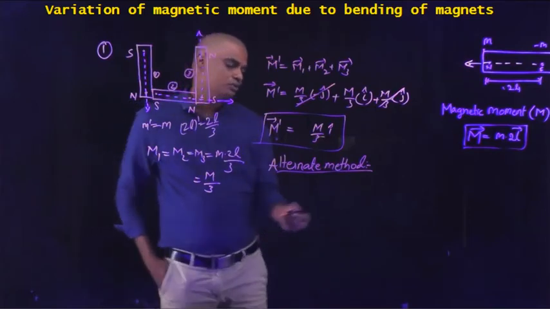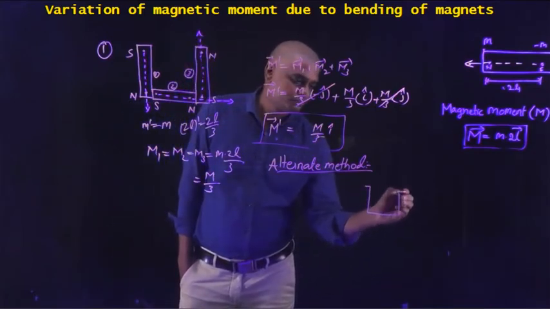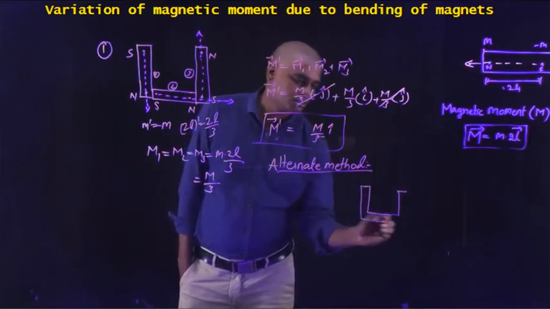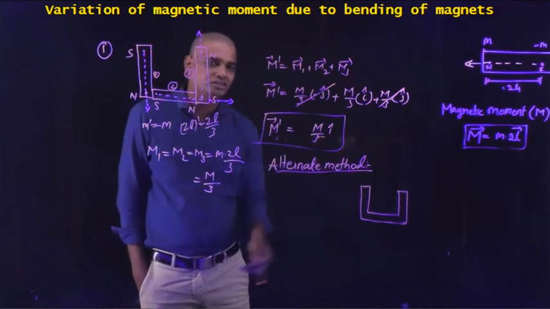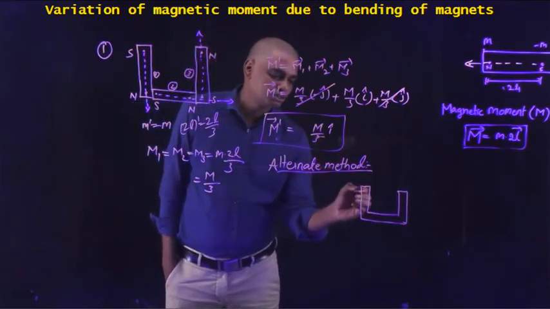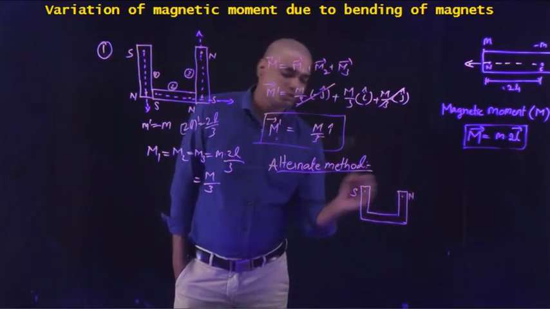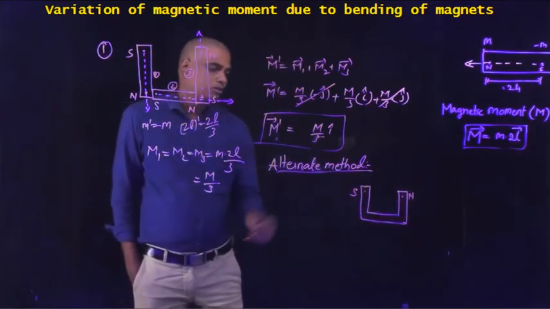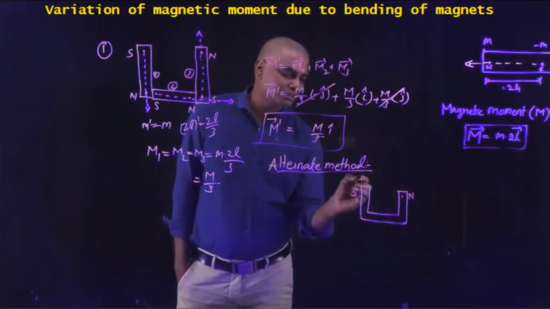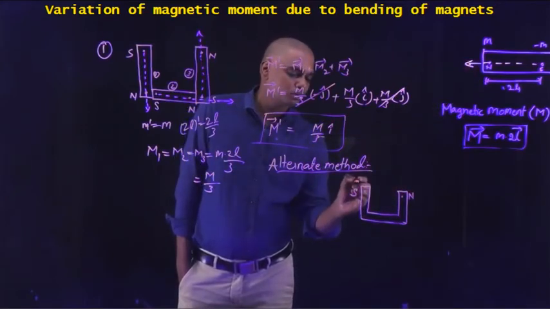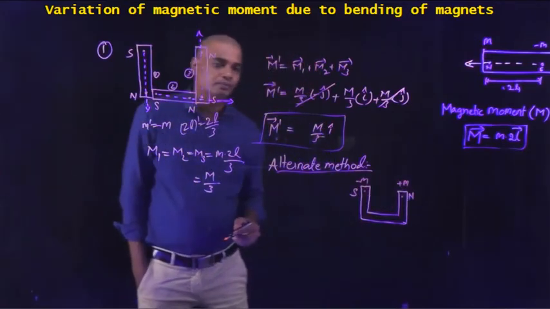In the case of the U shape, we consider the bar magnet bent in the form of a U, which has three equal segments, with one end as the south pole and the other end as the north pole. The pole strength of the magnet is m. So in the south pole it is minus m, in the north pole it is plus m.